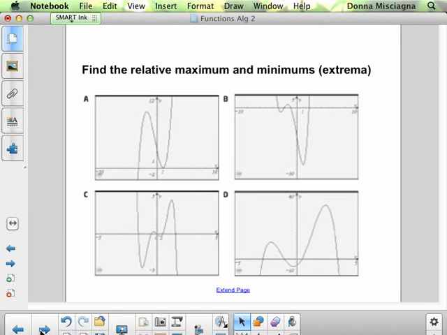All right? So let's look at our first one here. What do you think? Looks like each one of these is going up by 2. So this point here looks to be about maybe -3, -10?